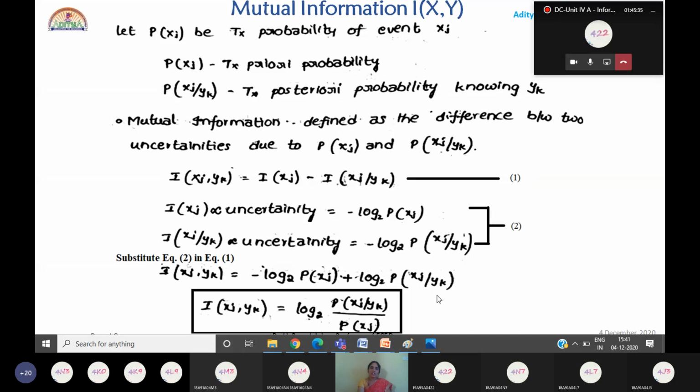So use the same procedure, and can any one of you tell me what is I of yk comma xj, the mutual information due to the receiver section?